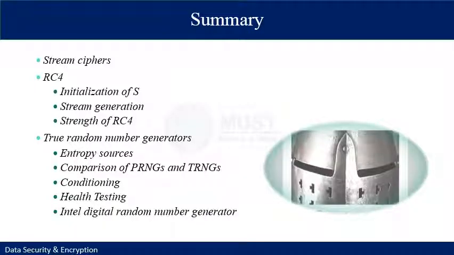This concludes today's lecture. In this lecture we discussed the working of stream ciphers, mainly focusing on the implementation of the RC4 algorithm. Finally, we discussed some concepts about true random number generators, how these numbers are generated from a number of entropy sources, and the difference between true random number generators and pseudo-random number generators.